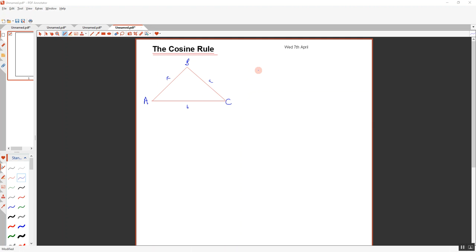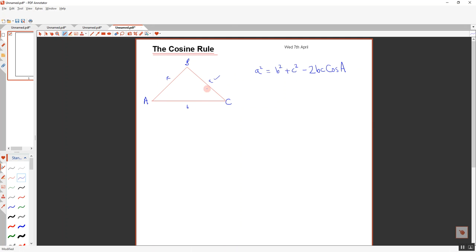So the cosine rule says if I want to work out length a, I say that a squared is equal to b squared plus c squared minus 2 times b times c times the cos of A.